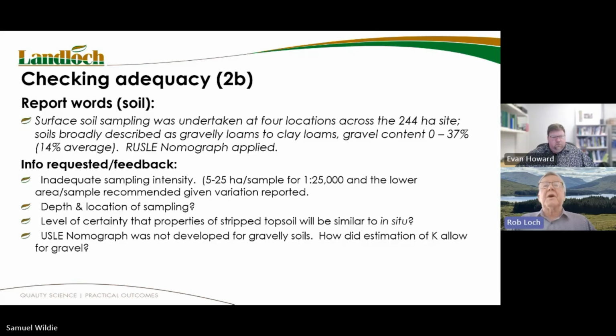If we're considering a 1:25,000 survey intensity, which would be consistent with moderately intensive use of the soil at field level and detailed project planning, we would be looking at a sampling intensity of somewhere between 5 and 25 hectares per sample. And if the material is variable, you'd be going closer to 5 than to 25.